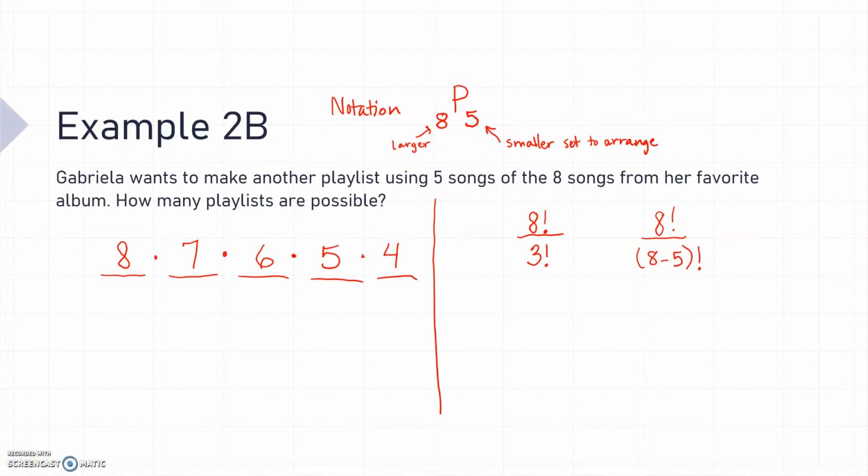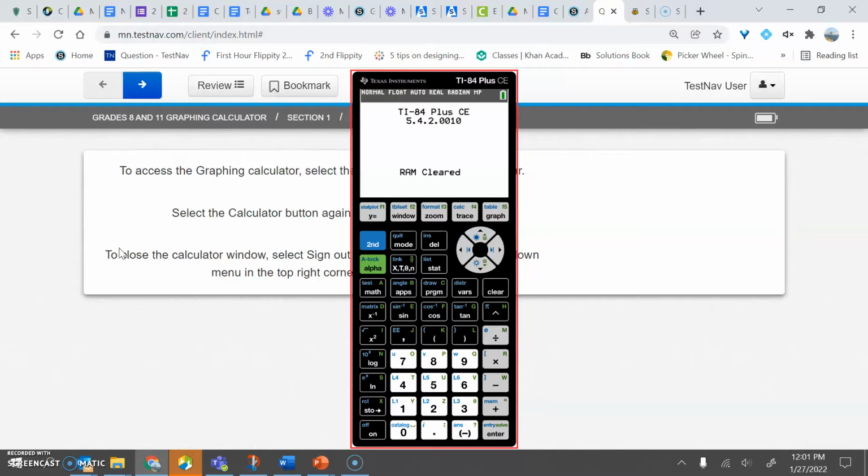There are several different ways to type this on the calculator. One way is we could just type 8 times 7 times 6 times 5 times 4, and that would give us 6,720. The other way we could do it is we could do Math, there it is, Prob, and we can choose the factorial button.